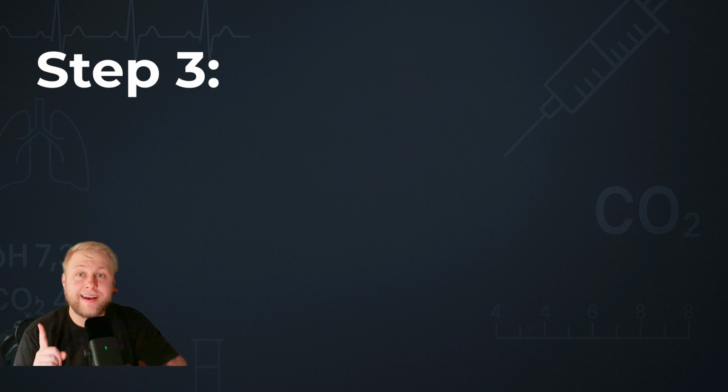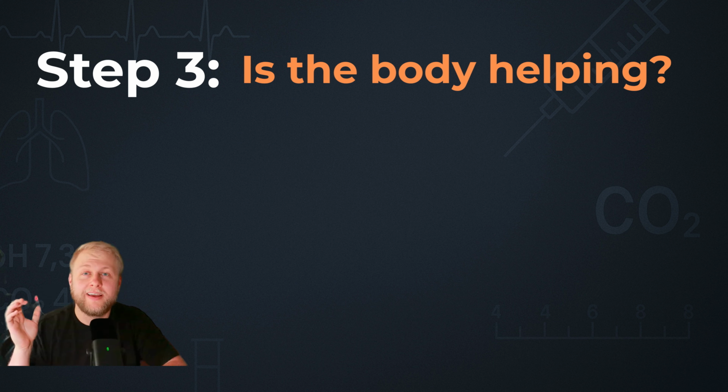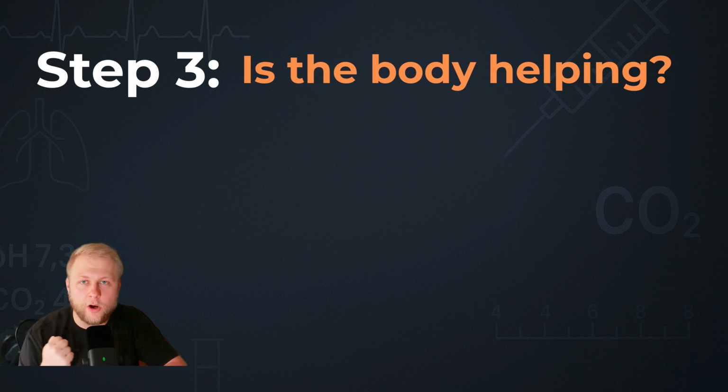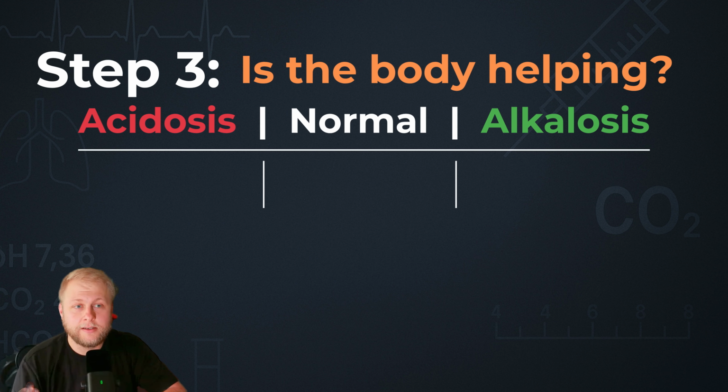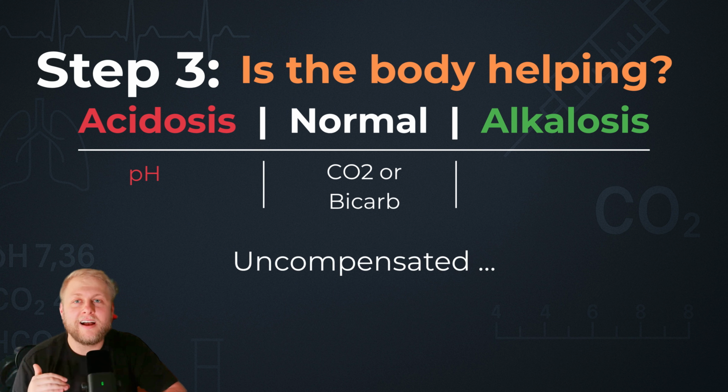Okay. Now, here's where it gets tricky. We got to figure out, is the body trying to help me? So, I'm in this one directional problem. Is the opposite one trying to pull me back to normal or pull me back to homeostasis? Here's how to tell. So, if you only have one abnormal value, so if CO2 or bicarb is normal, then it is uncompensated.